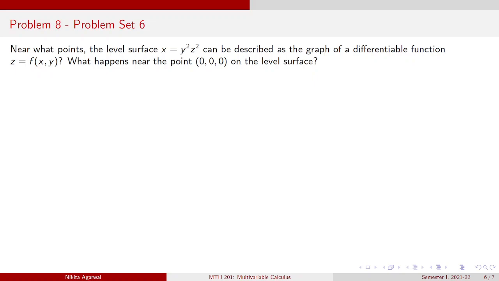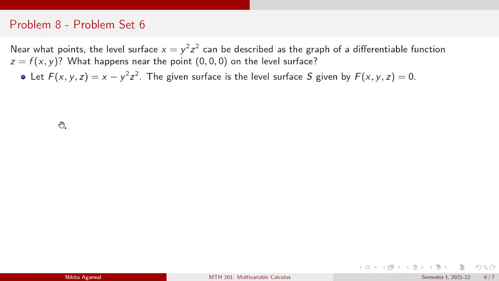First of all, you will find a suitable capital F function, right? So we are looking at this level surface. It is natural to consider capital F to be x minus y square z square. Then this level surface is nothing but the level surface of F at the value 0, right?